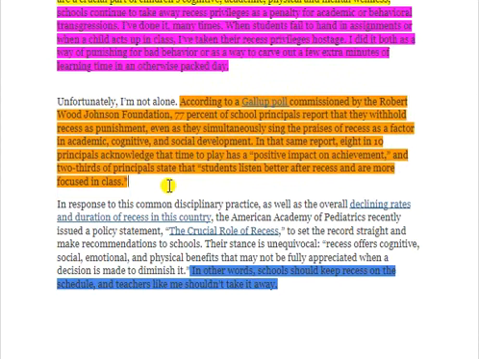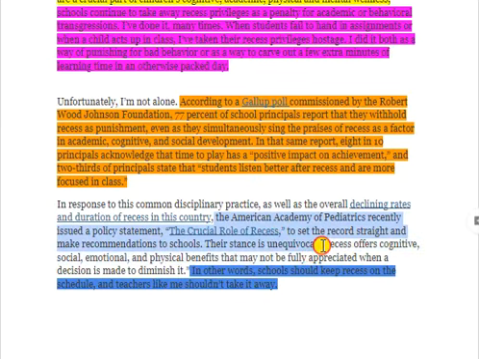All right, let's look at this paragraph here. In response to this common disciplinary practice, as well as the overall declining rates and duration of recess in this country, the American Academy of Pediatrics recently issued a policy statement. So here we have again, okay, the American Academy of Pediatrics issuing a policy statement to set the record straight.